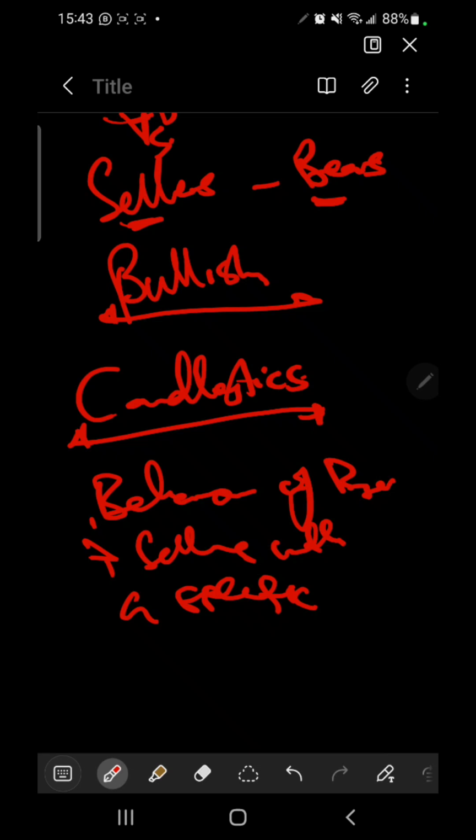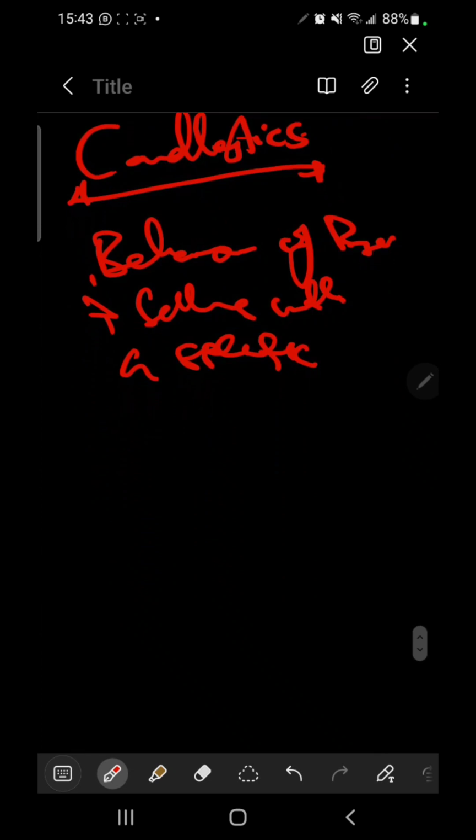We said the buyers are the bulls and the sellers are the bears. So whenever the market is being controlled by the bulls, the market is bullish, and whenever the market is controlled by the bears, the market is bearish. All right, so that is the concept that we are going to use to describe the anatomy of a candlestick.